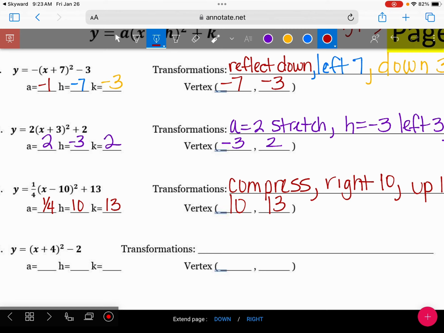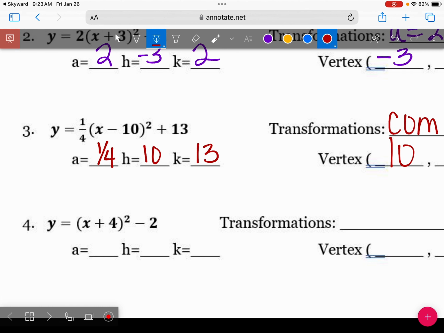So, Rylan, what would you put for your A, H, and K? 1 for A, yep. +4 or -4? -4. +2 or -2? -2, good.